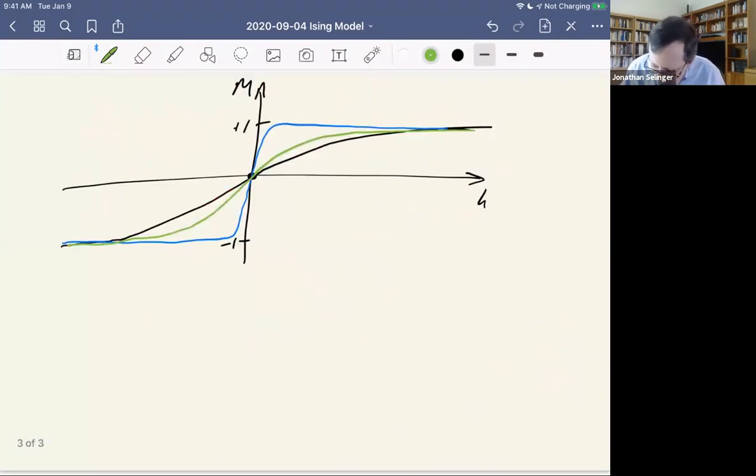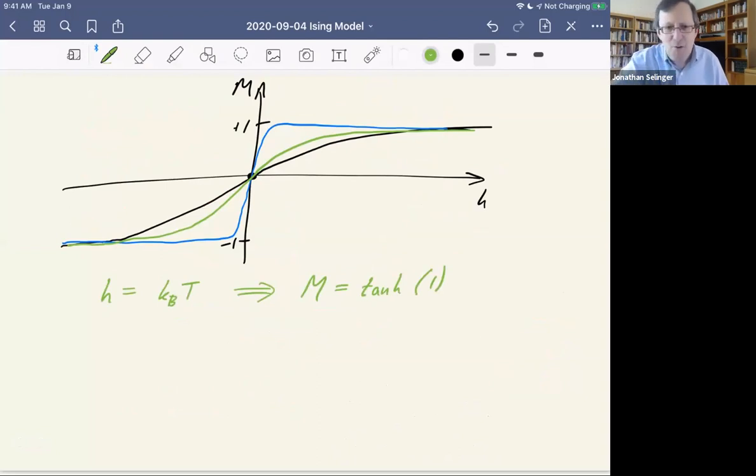So that means that if we have h equals kT, then m is equal to the hyperbolic tangent of 1, which is a number.